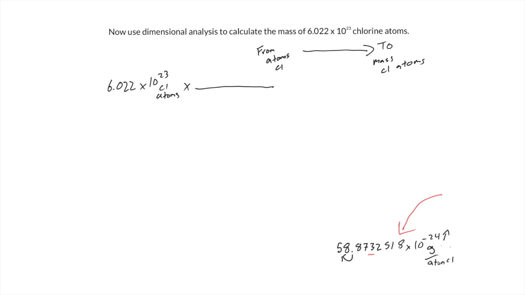I left it unrounded because we never round until the end with sig figs. The chlorine atoms part is associated with 1, whereas the grams part, which is what we're converting to, is associated with the number that we obtained.